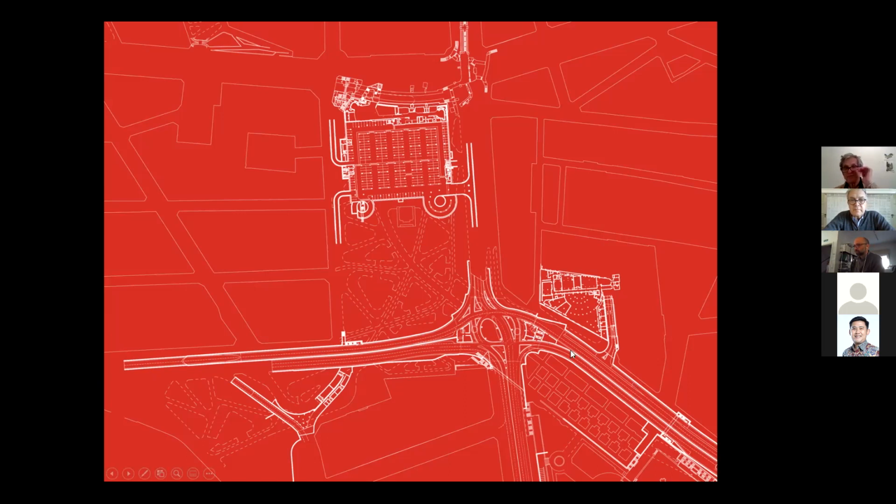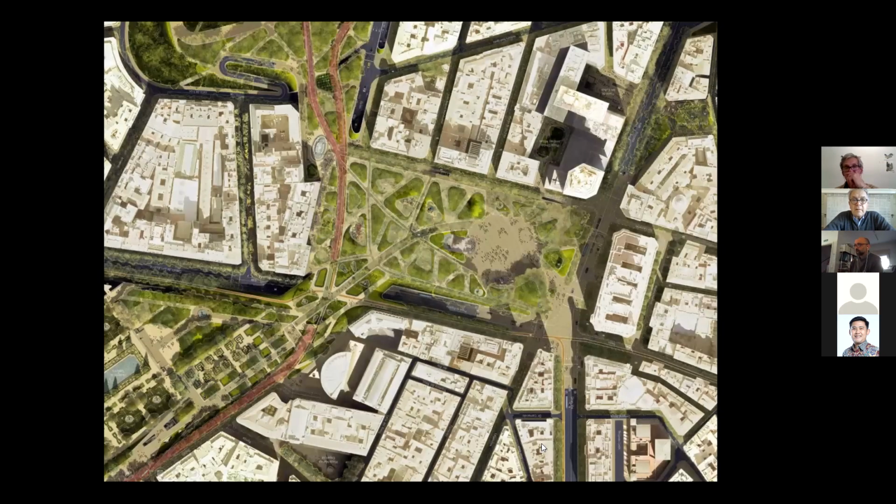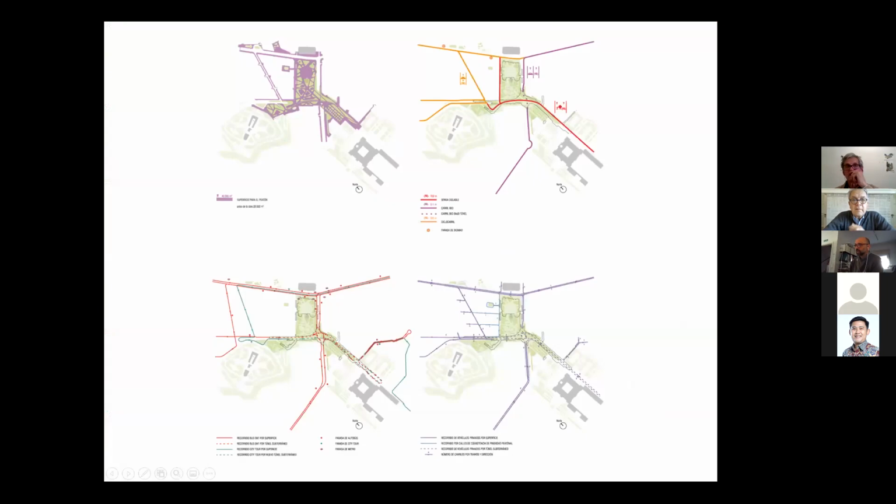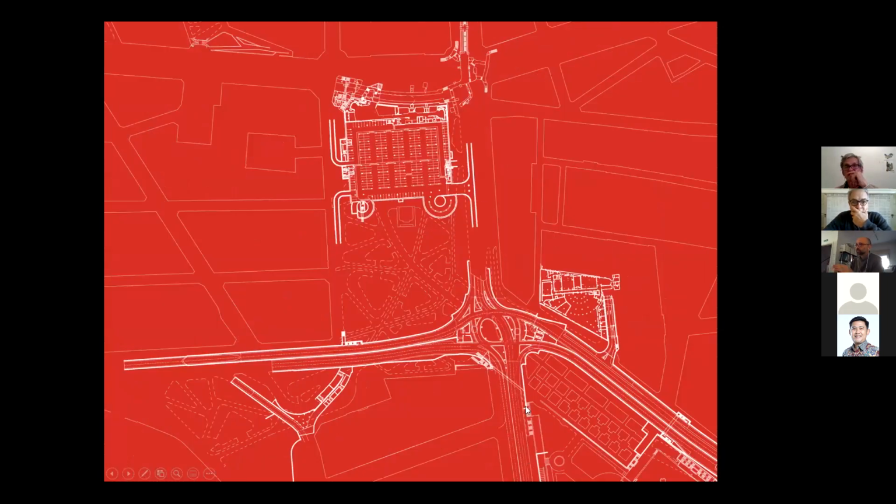So in these 2 stretches, the cars disappear from the surface, and all this space is pedestrian. But we decided there are 2 streets which remain: the street going from the river, south to north, and the other from the city center, to the west and to the east.